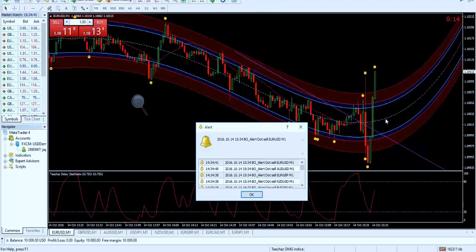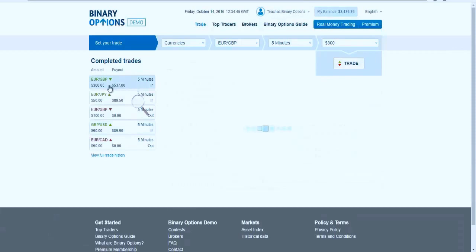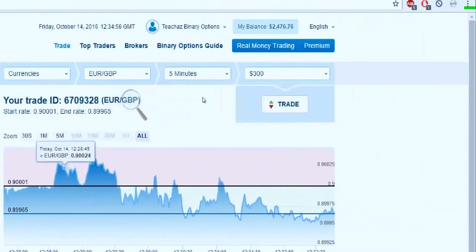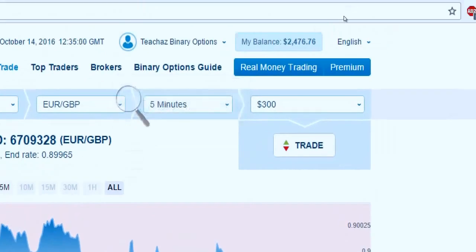Anyway, if we go back to our signal now, to our trade, the expired trade, you can actually see here, guys, this was a winning trade all the way in the money. The majority of the time it was in the money. So now if you go back to check our balance, let's check this balance again. I zoom it up. You can see now the balance, I'm sitting at 2,476.